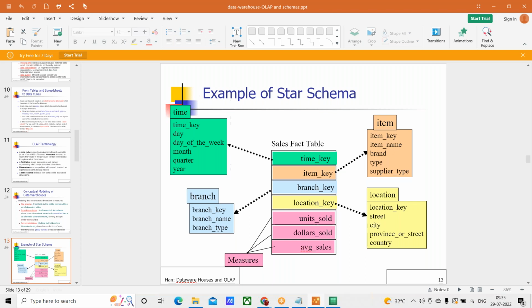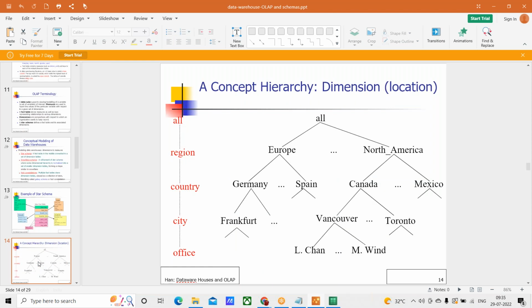For example, I will show what it means to be denormalized. Yes, this is denormalized. A hierarchy will be there. Region will be further divided, and country will be further divided into cities.